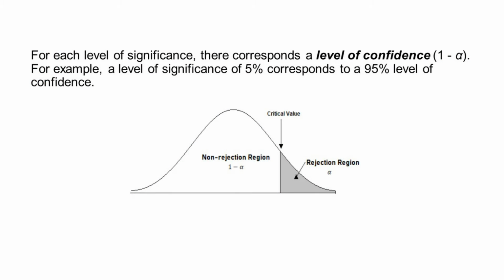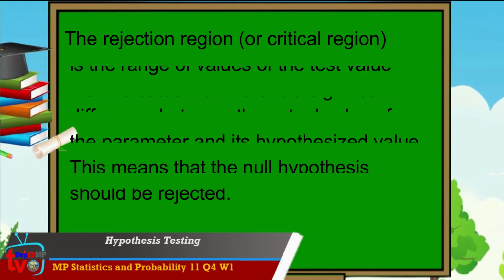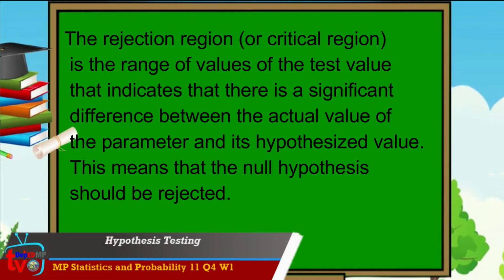For each level of significance, there corresponds a level of confidence. For example, a level of significance of 5% corresponds to a 95% level of confidence. The rejection region or critical region is the range of values of the test value that indicates that there is a significant difference between the actual value of the parameter and its hypothesized value.